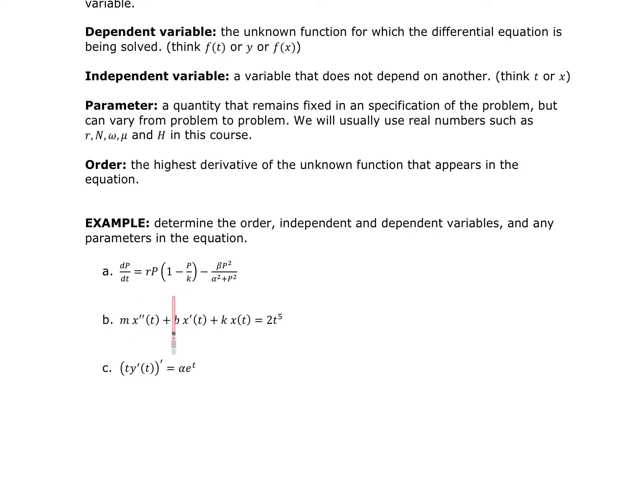So anything that is not p of t or t would be our parameters. So r is a parameter, k is a parameter, alpha is a parameter, beta is a parameter. And it's first order because it's the derivative of p with respect to t. It's not the second derivative of p with respect to t.